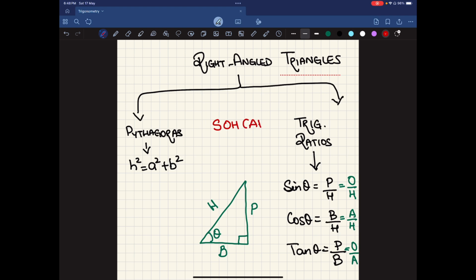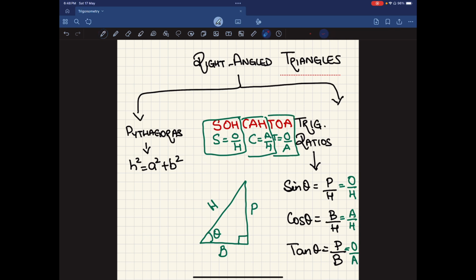So if this is helpful, you can use this. So sine is equal to O over H, cos is equal to A over H, tan is equal to opposite over adjacent.